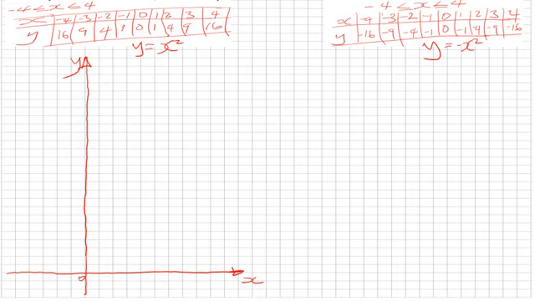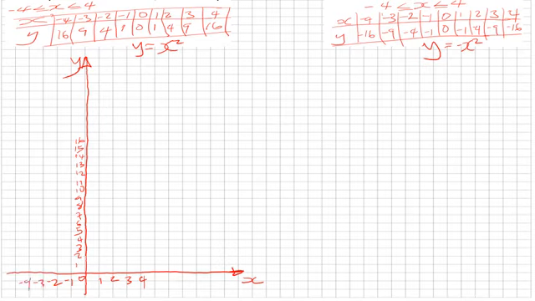So we have 1 up to 16. Each demarcation represents 1. And here we have 1, 2, 3, 4, and there minus 1, minus 2, minus 3, minus 4.